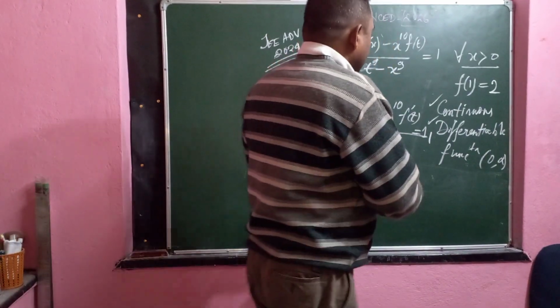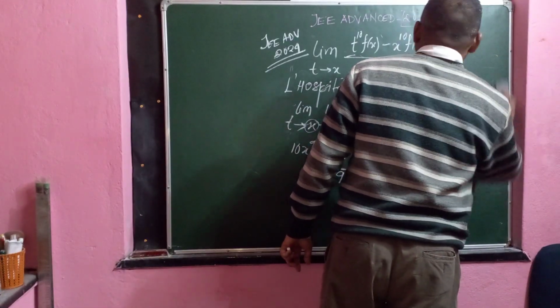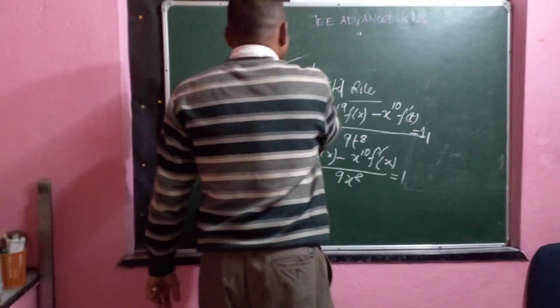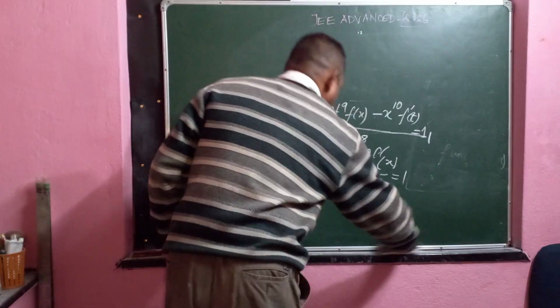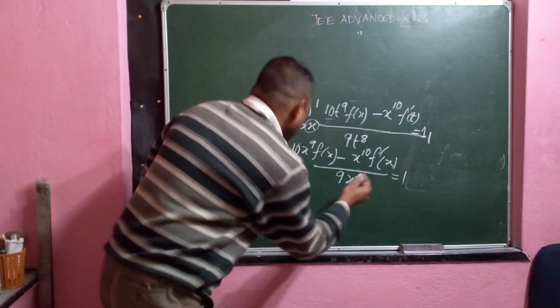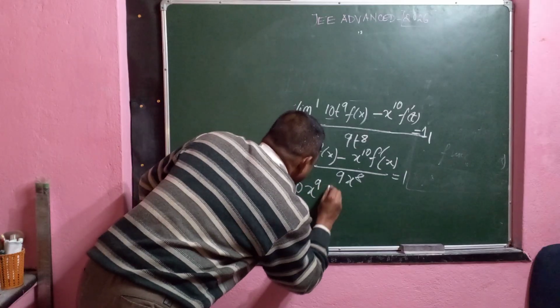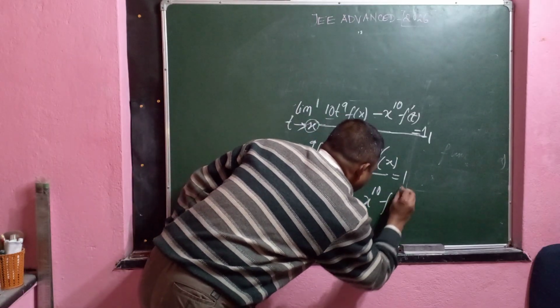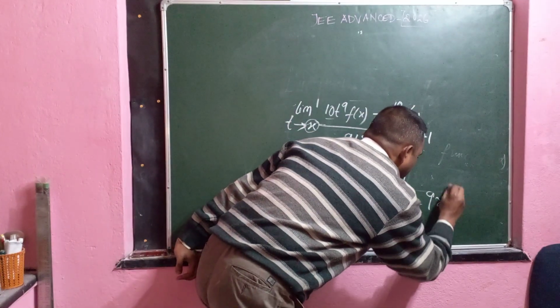So see this one. Now if you cross multiply, this becomes 10 x to the power 9 f(x) minus x to the power 10 f dash(x), that is the first order derivative of f(x), equals 9 x to the power 8.